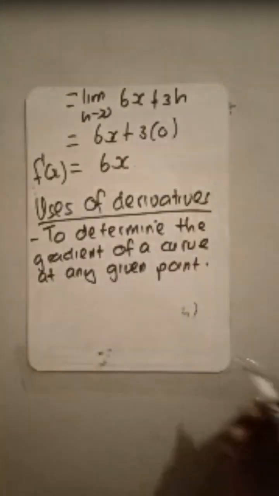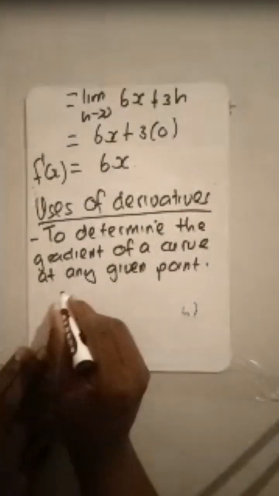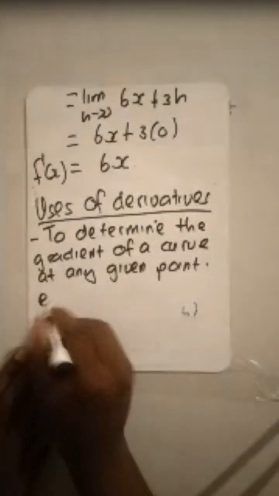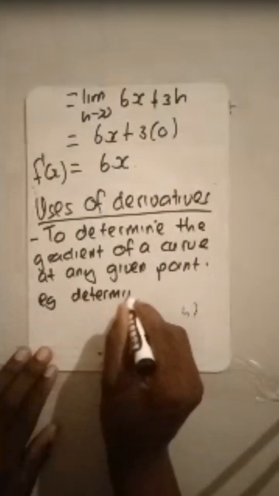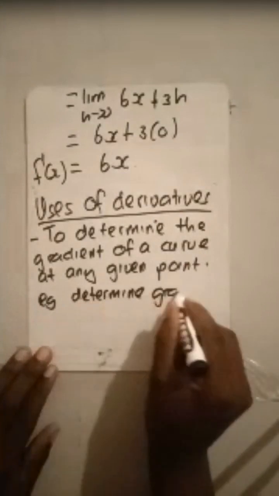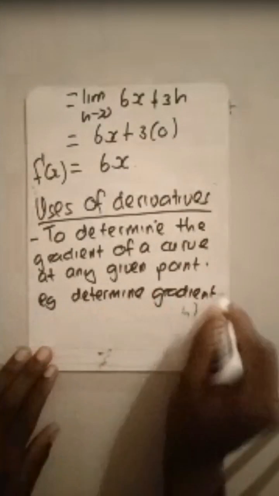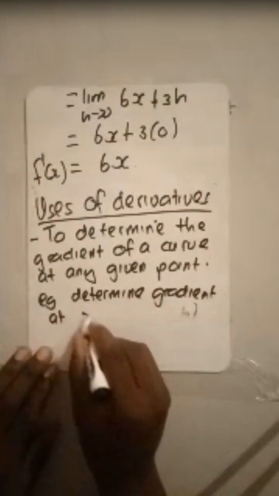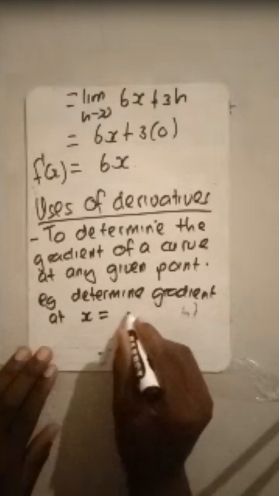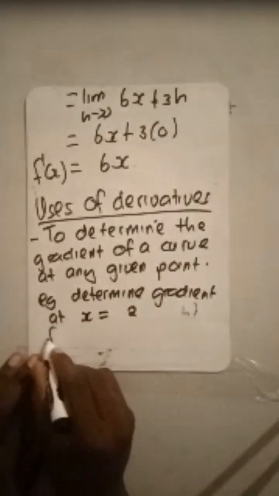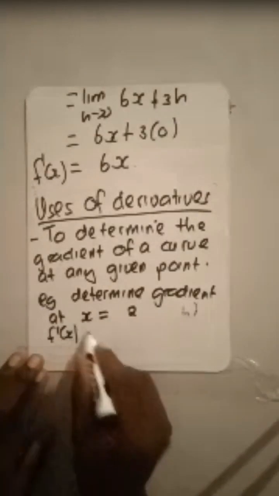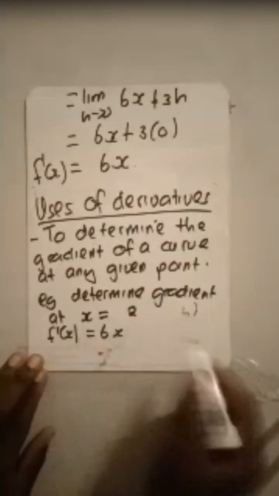For example, they'll say determine the gradient at x is equal to 2. Our gradient function is given by 6x.